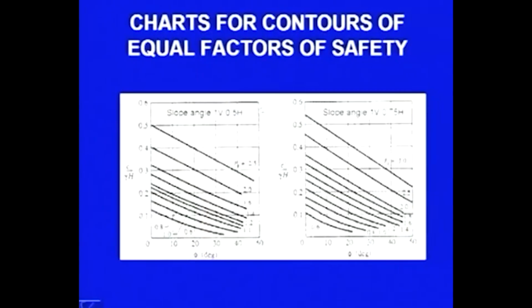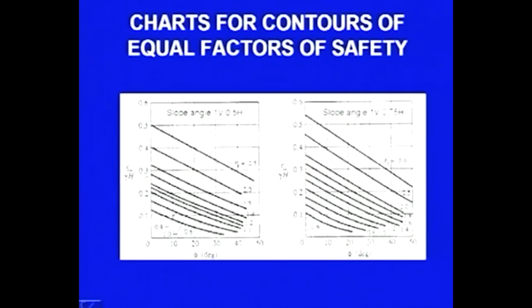Now, charts are also available for contours of equal factors of safety. One can conveniently use them and get the approximate value of the factor of safety. These charts are available for different slope angles. For example, here this slope angle is 1 vertical to 0.5 horizontal, and on the x axis it is phi in degrees, and on y axis it is c dash upon gamma h.